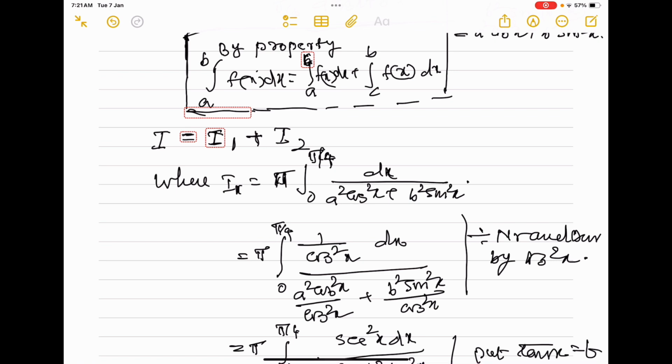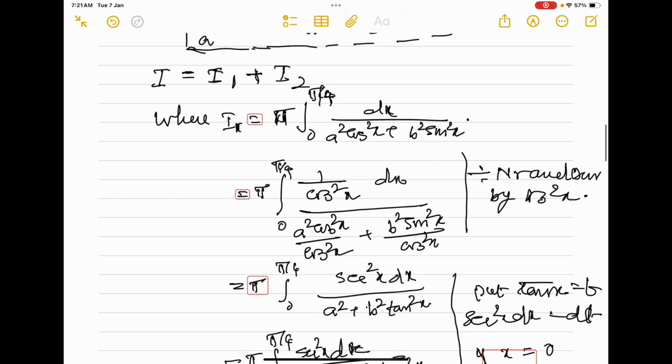Here again, one part: divide numerator and denominator by cos square x. So 1 by cos square x dx divided by a square cos square x by cos square x plus b square sin square x by cos square x. That is pi into integral 0 to pi by 4 sec square x dx divided by a square plus b square tan square x.